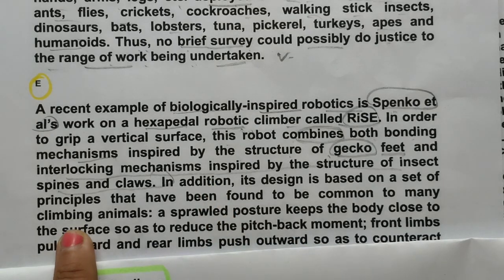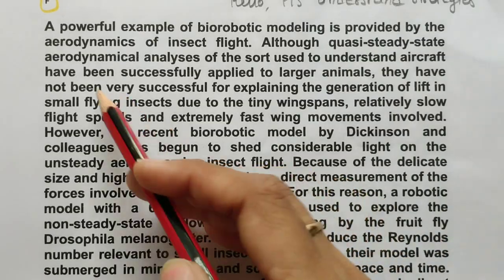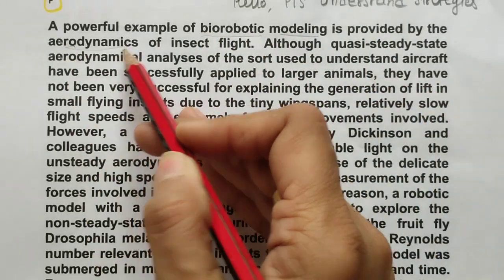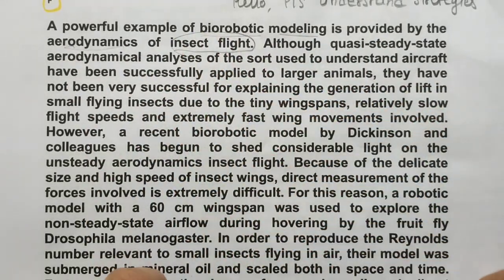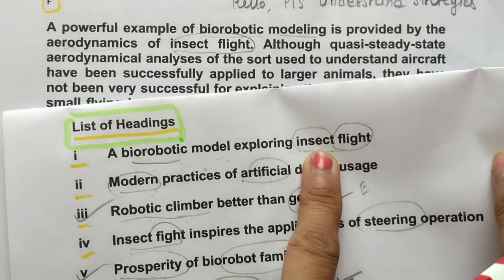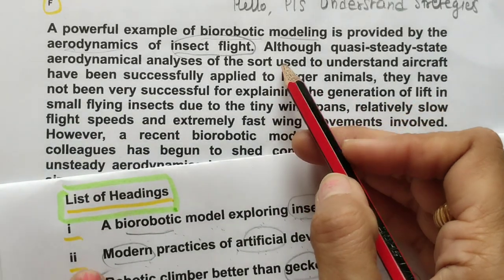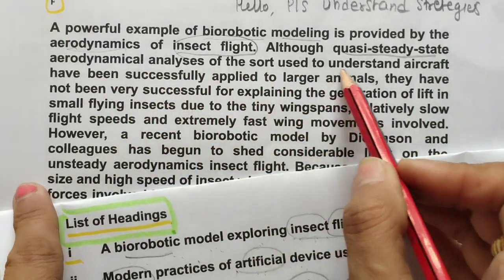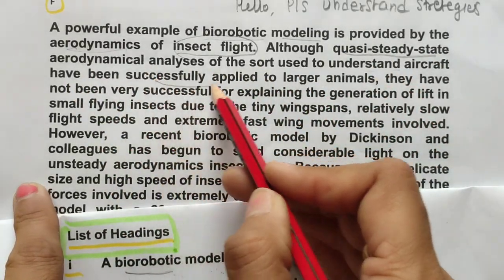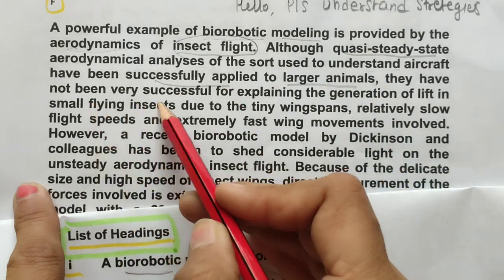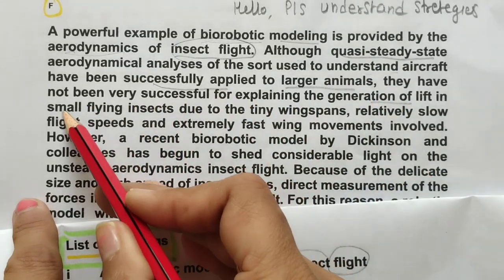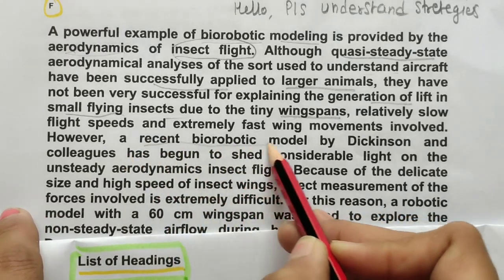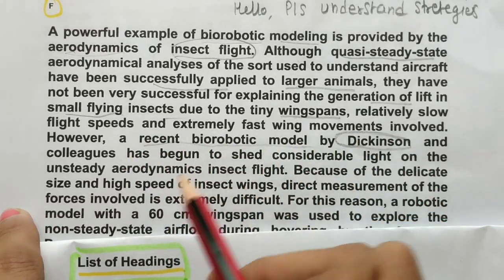Yes. Next paragraph. So F number, a powerful example of biorobotic modeling is provided by aerodynamics. Insect flight was there. So insect flight is also there, but let's read a little bit more. Although quasi-steady state analysis of the sort used to understand aircraft has been successfully applied to larger animals, they have not been successful in generation of lift in small flying insects due to, okay, so a recent biorobotic model by some person, the name is also there.